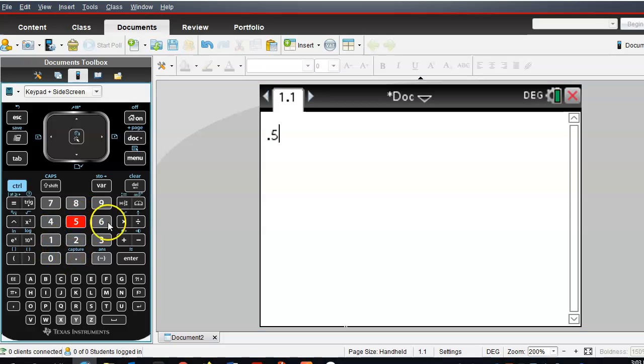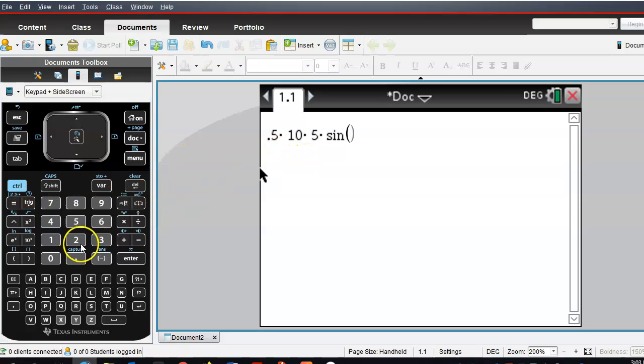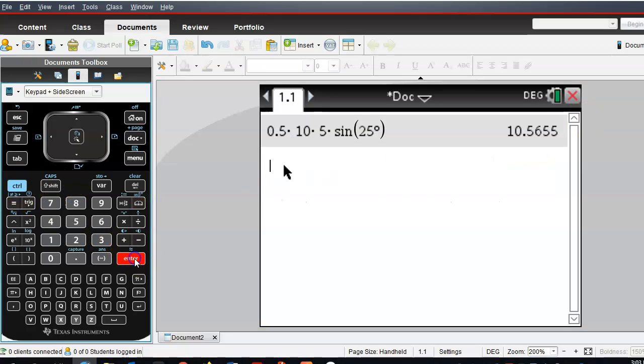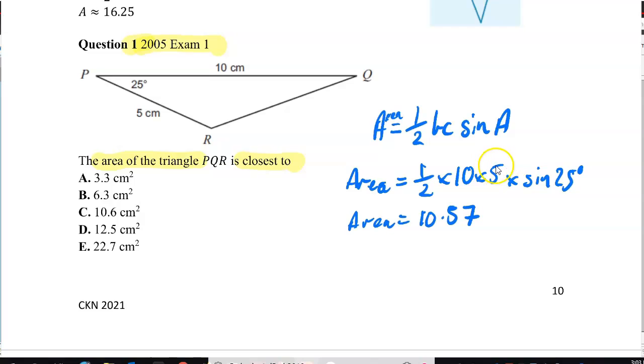So half times 10 times 5 times sine 25 degrees, approximately equal to, so the area is equal to 10.57.